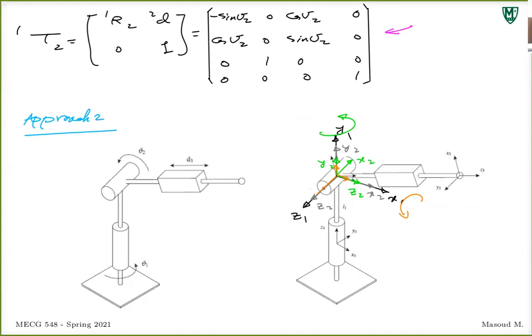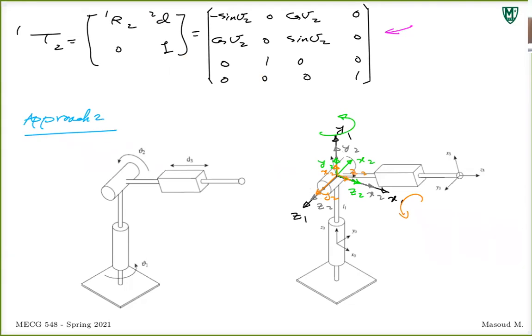This is where your z2 was, so it stays here. 90 degrees, so this becomes your x2, this becomes your y2. There's no way of me making it less crowded, I guess. That's just how it is. So 90 degrees about x1. Right? Now I have my axis.